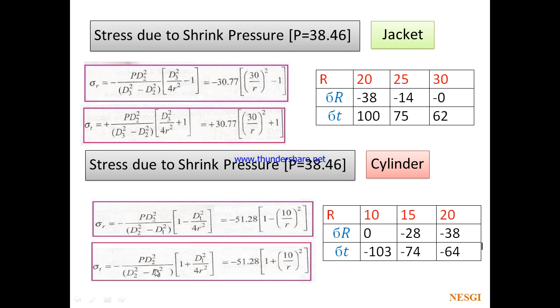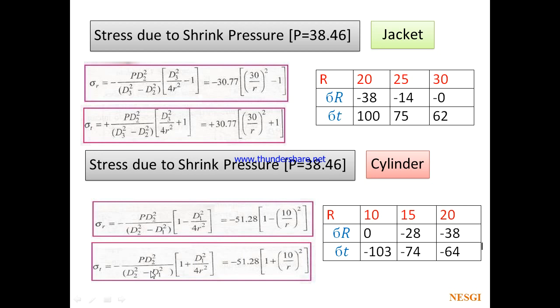The sigma T equation is given by P into d2 square divided by d2 square minus d1 square into the bracket 1 plus d1 square by 4r square. So it is equal to minus 51.28 into bracket 1 plus 10 by r whole square.